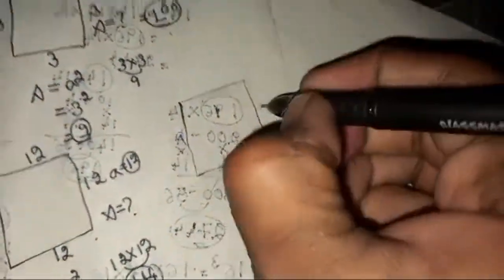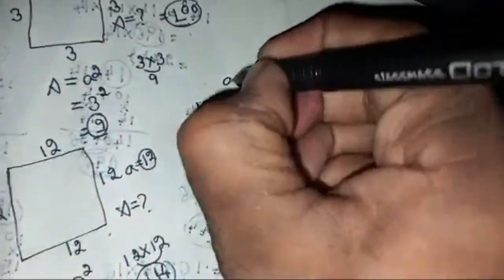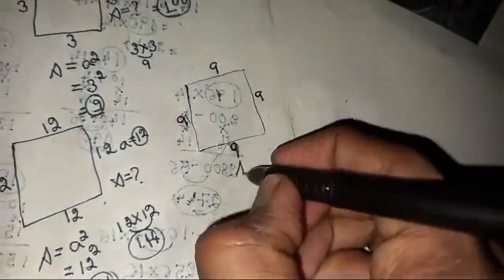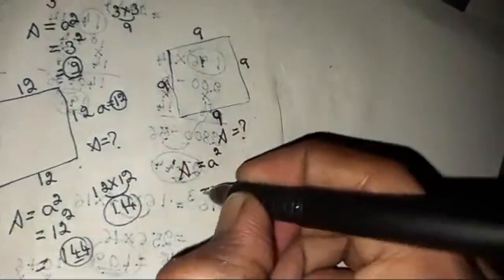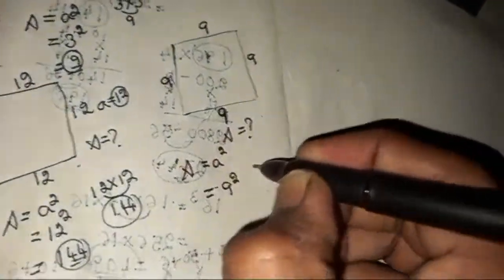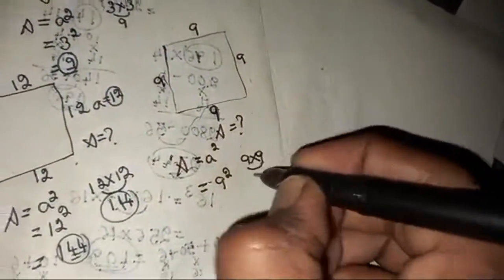Here they have given all sides as 9 units. What's the area? Area is a square, that means side length square, 9 square. 9 times 9 is 81, so it's going to become 81 square units. Let's take one more problem. Here you're going to get one more square.